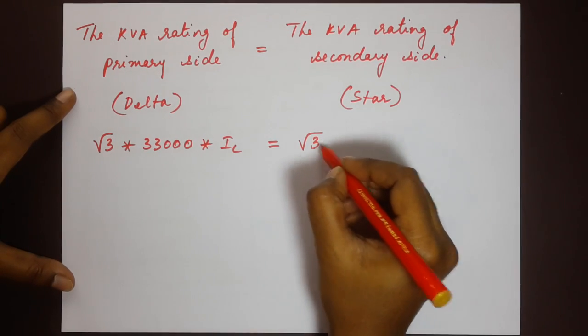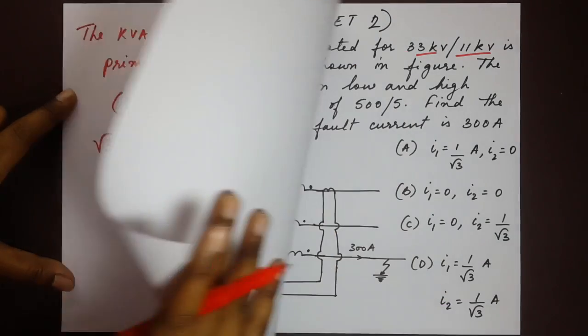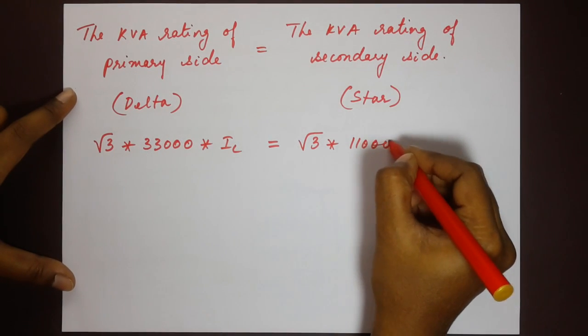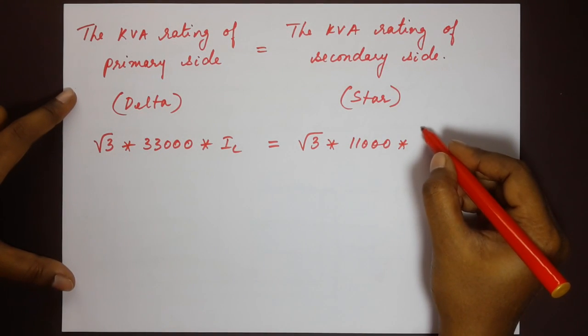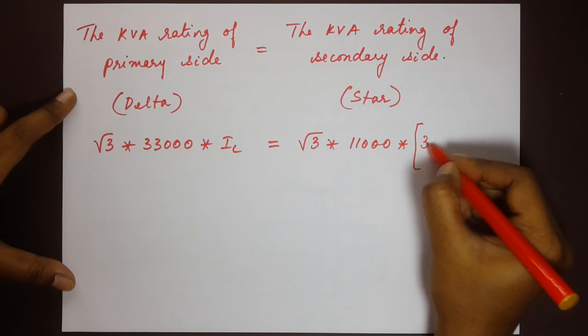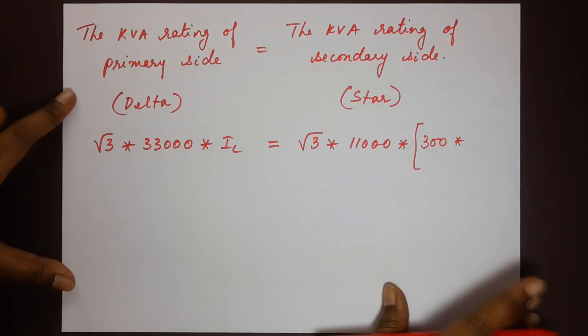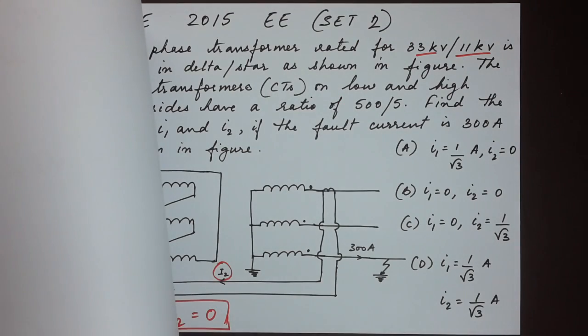This side we would have √3 into, the voltage is 11 kV, so that's 11,000 into, now it's time for the current. The fault current is 300 times, take the ratio of the current transformer. Now the current transformer is said to be 500 by 5 for low to high.